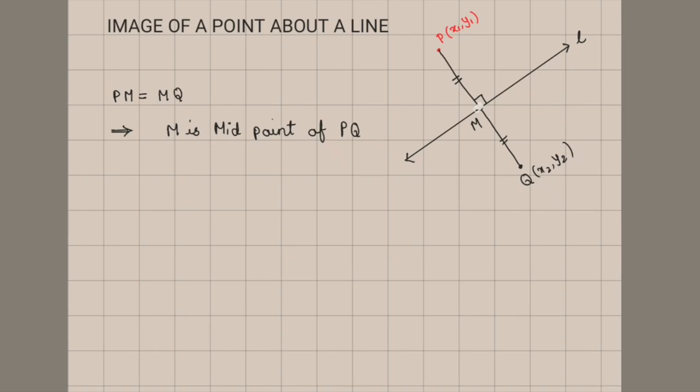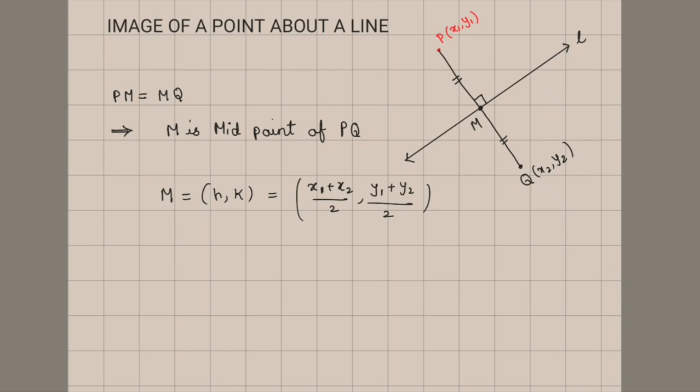M is nothing but the foot of the perpendicular from P to the line L. So M equals, let's say, some h comma k, which is the foot of the perpendicular, which equals x1 plus x2 by 2 comma y1 plus y2 by 2. So yes, M is the foot of the perpendicular.